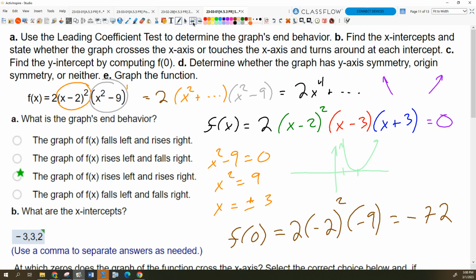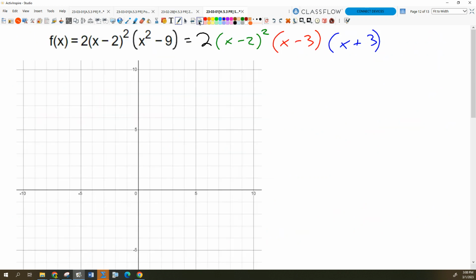Okay. So we got x-intercepts at positive 2, at positive 3. Whoops. Positive 3 is blue. And at -3. And our end behavior was this and this, right?